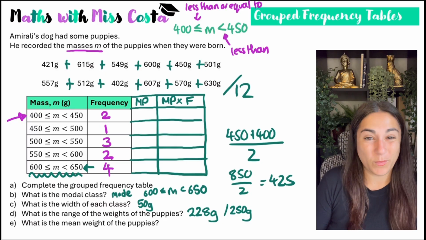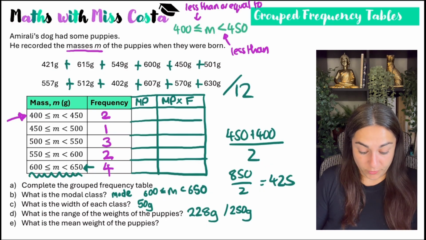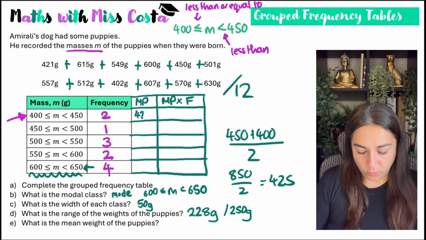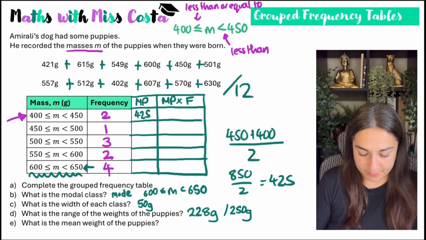But with this one, we can actually just look at it and figure out, okay, halfway between 50 is 25. So the midpoint would be 425. So first thing we do for the mean from a grouped frequency table is do that. So that would be 475 here, 525, 575, and then 625.